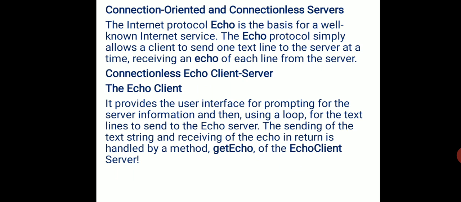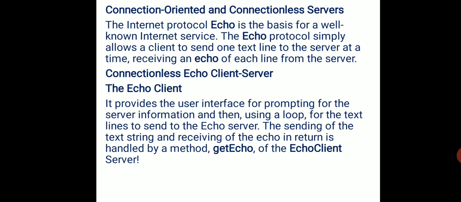Now the connectionless echo client server. The echo client provides the user interface for prompting for the server information and then uses a loop for the text lines to send to the echo server. For each line, it gets an echo or a reply from the echo server.